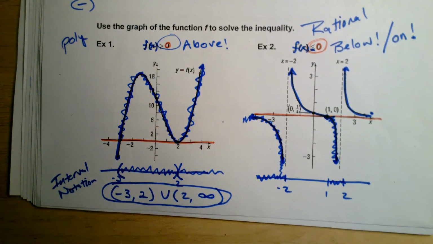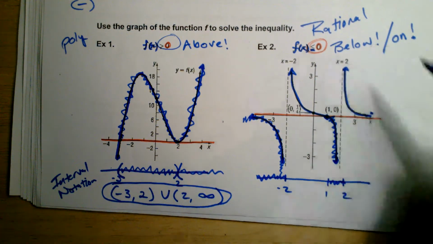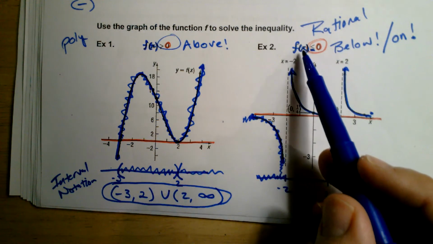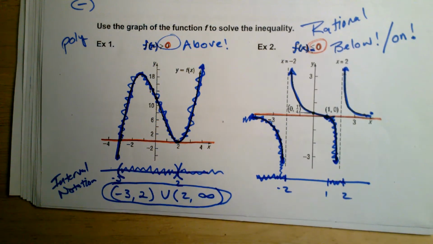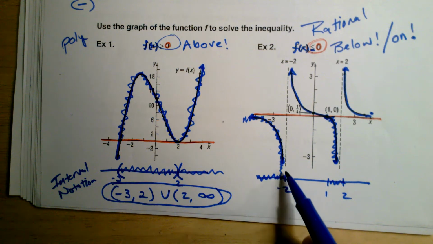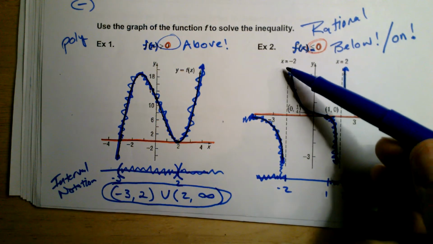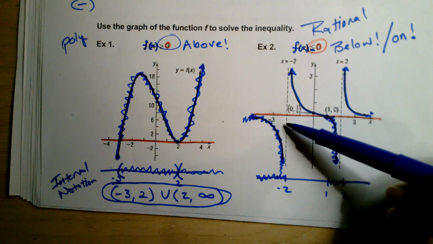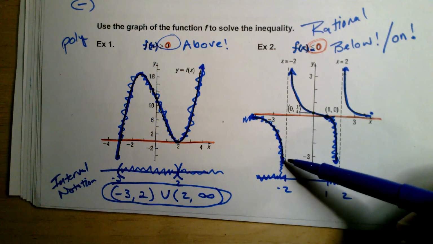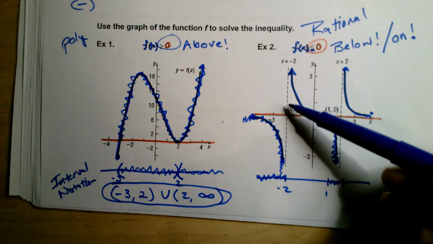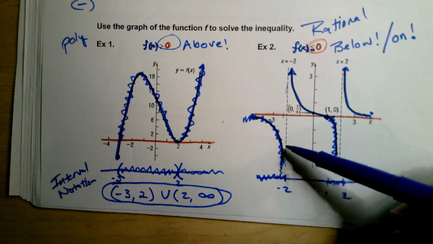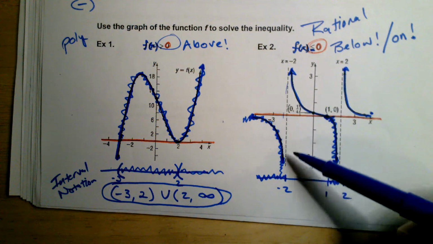Okay? Now, when we look at this and we visualize it, we want to know where f of x is below and on the red one. Well, a lot of people put brackets right here at -2. But if you look at -2, the graph is neither above, below, or on the red line. There's in fact nothing going on here. And that's because that's an undefined value.